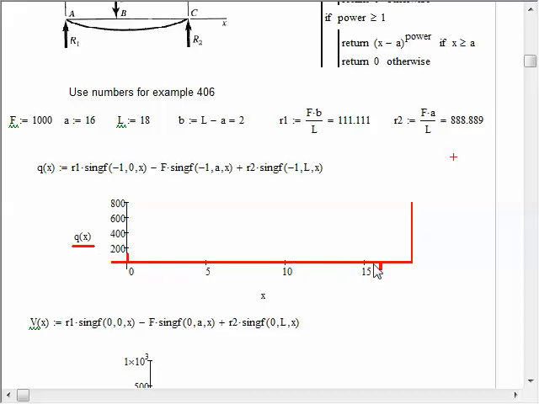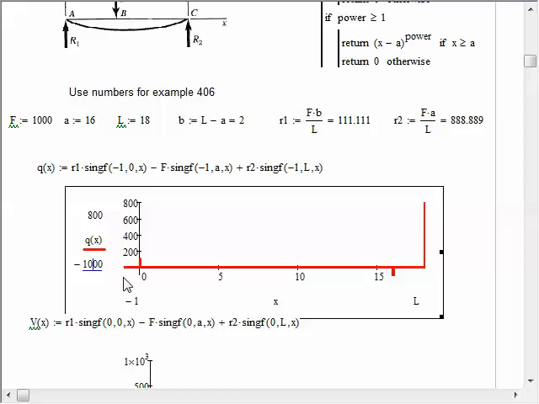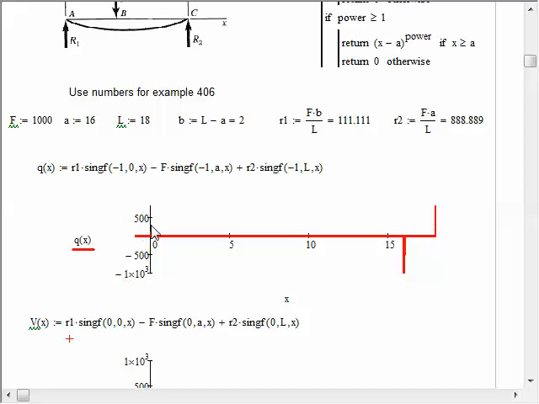So a point load, a point load, and a point load showing up when I graph Q of x as a function of x. I probably should have changed my scale though. Let's let this thing go down to a -1,000. Okay, small load, very large downward load, and slightly smaller upward load.